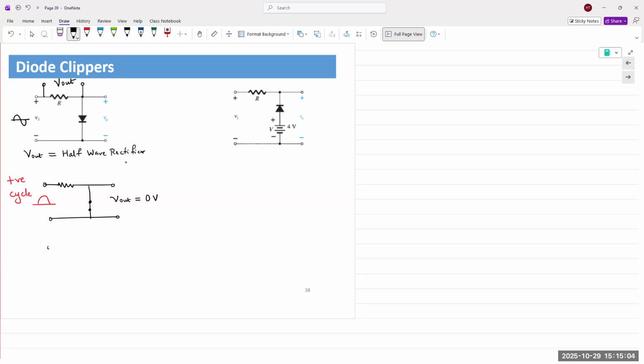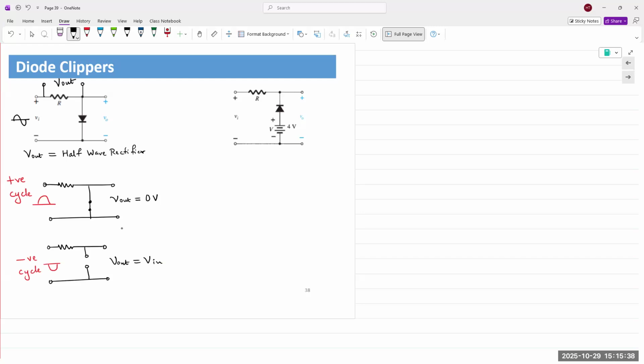In the negative half cycle, the diode is open because it's reverse biased, so V out is equal to V in. What kind of clipper is this?